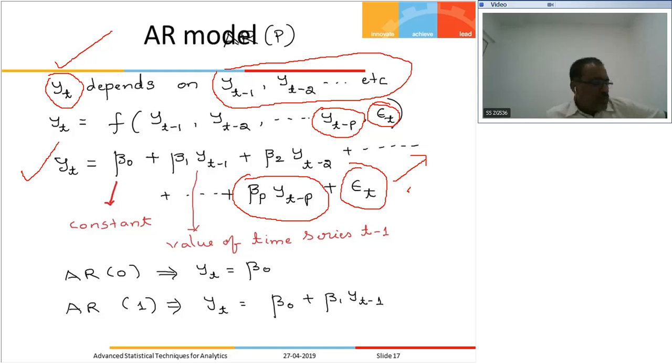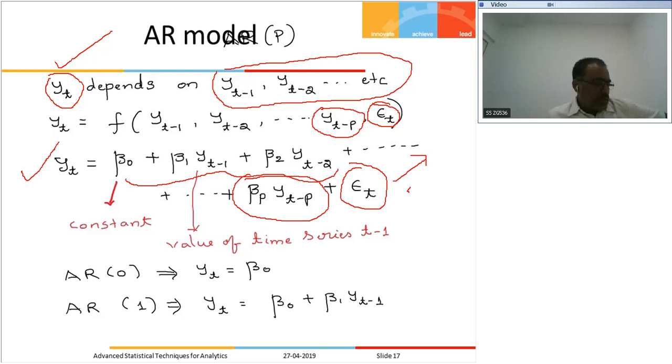Here, p is the one which we fix already. Suppose we take k equal to 3, then we have taken up to beta naught, that is the first one, second one, third one.